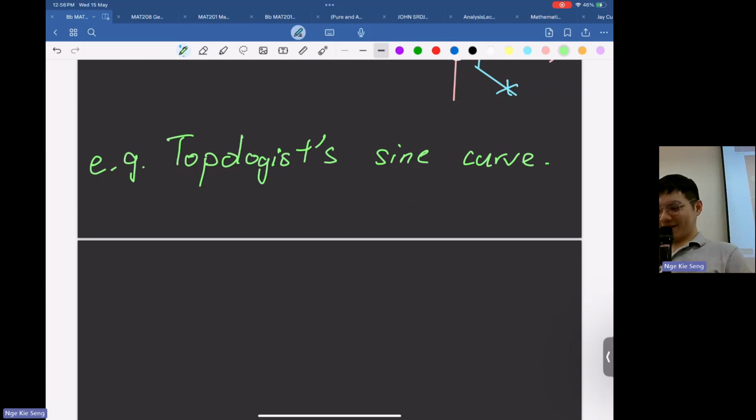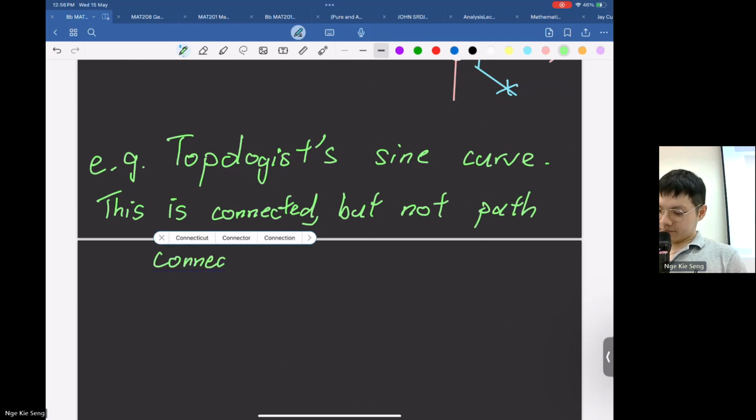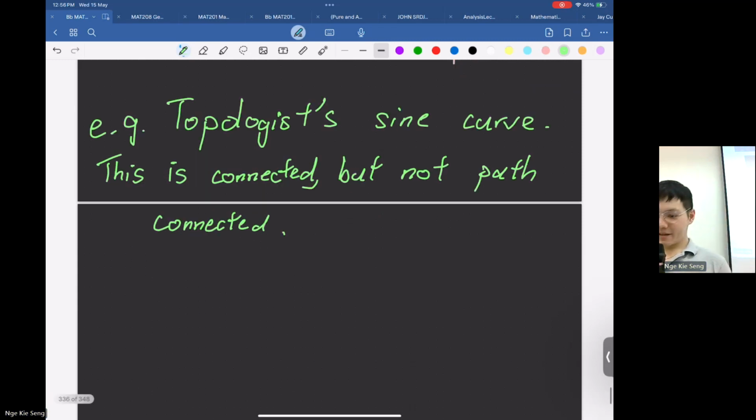You know why? This space is notorious. It is connected, but not path connected. I haven't told you how to define this curve yet.